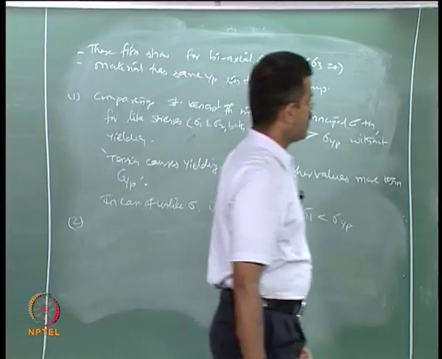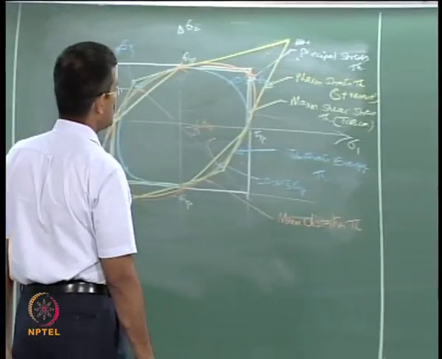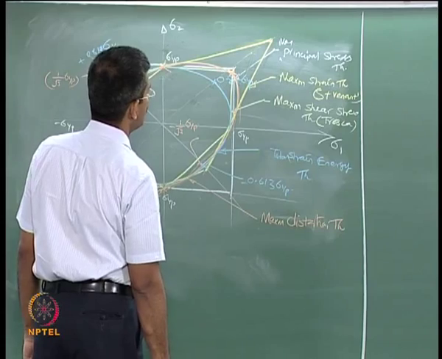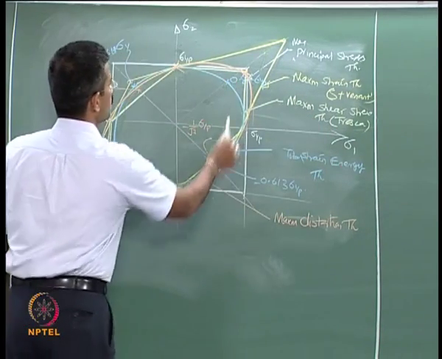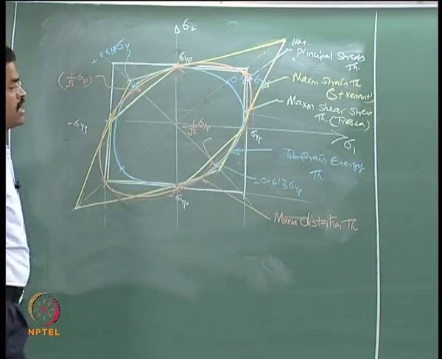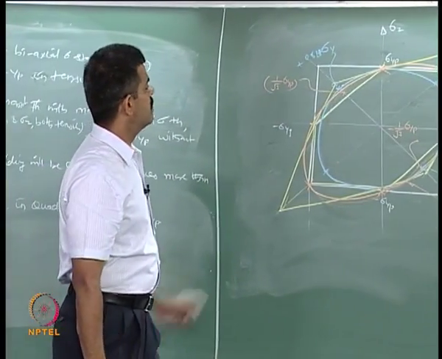Now I am comparing the maximum shear stress theory, that is the green one, the irregular hexagon, with the principal stress theory.